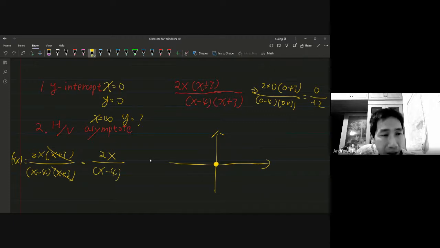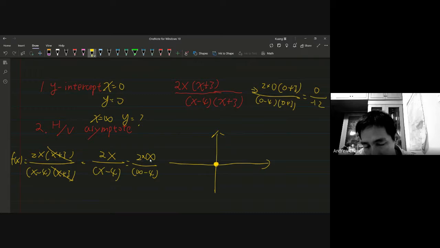And to find the horizontal asymptote, you plug in x equals infinity. So it becomes 2 times infinity over infinity minus 4. Whenever you see infinity plus or minus a value, you can just ignore the value because infinity is too huge.